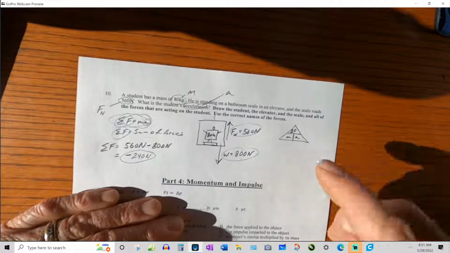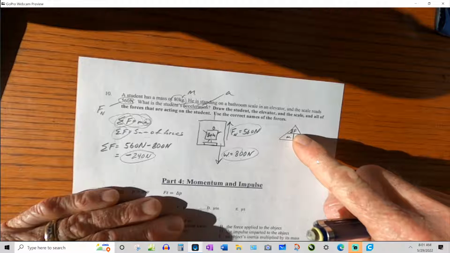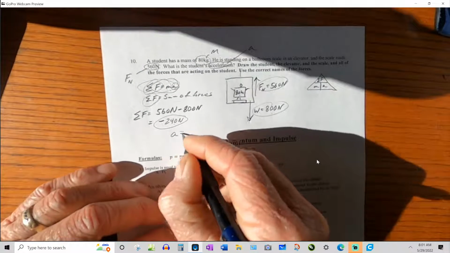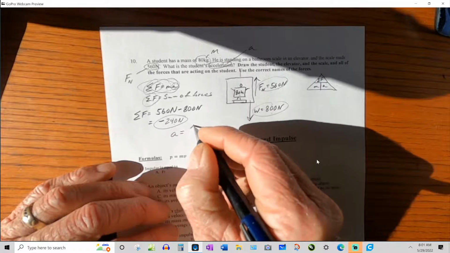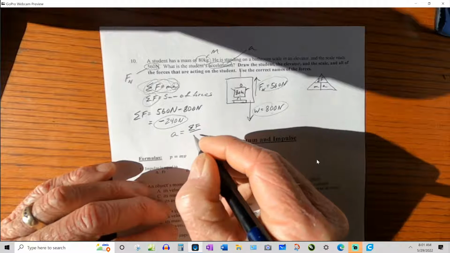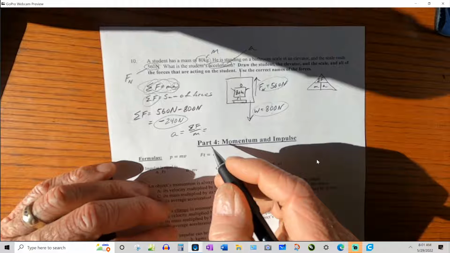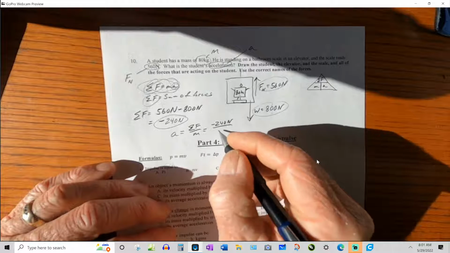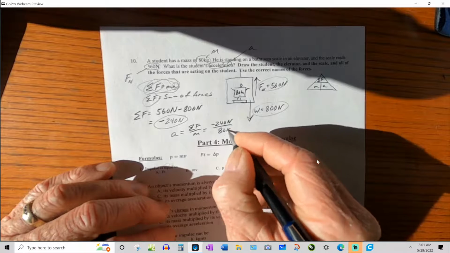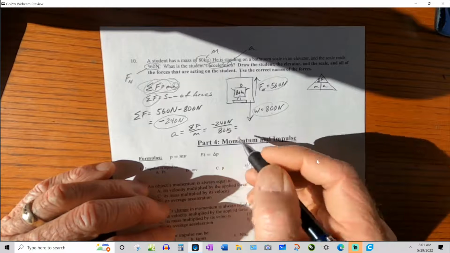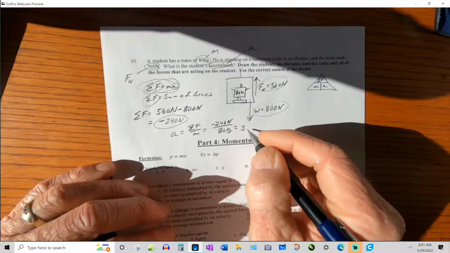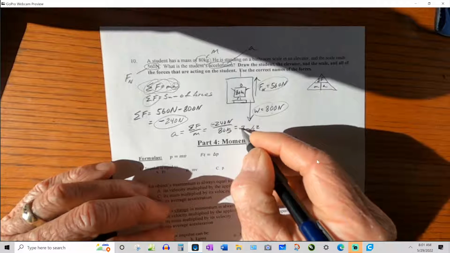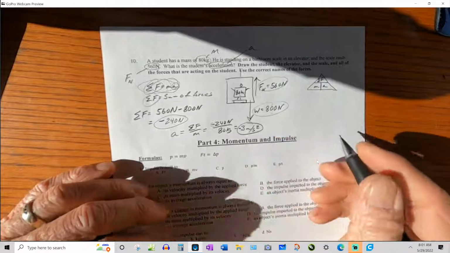If I'm looking for acceleration, it's going to be F over M. So A equals net force divided by mass. And the net force here is negative 240. The mass is 80. And when you punch that into your calculator, you will get 3 meters per second squared. Except it's not 3, it's negative 3. So there we go.